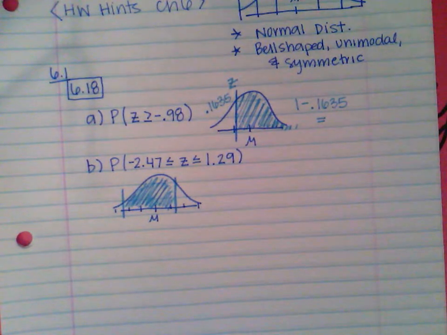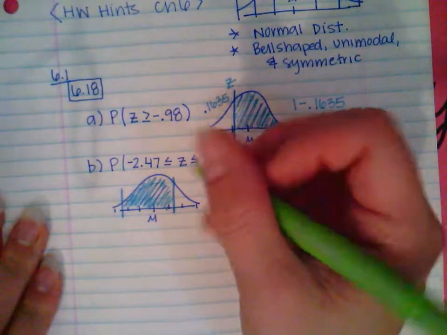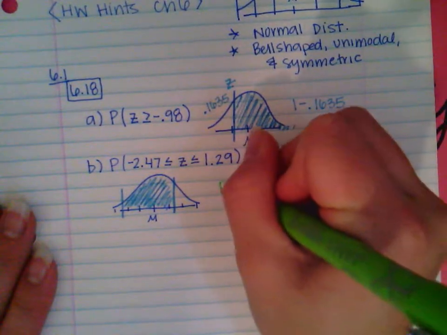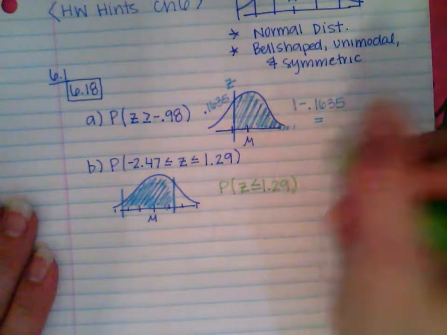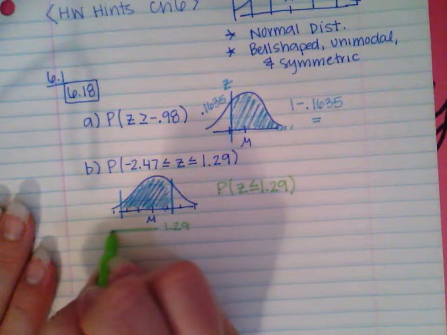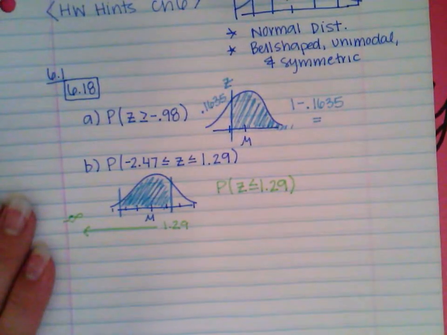Now, anytime you want to find a between probability, you're going to find the probability of the right bound. That's going to give you everything from 1.29 all the way down to negative infinity. So it'd find you that entire thing.